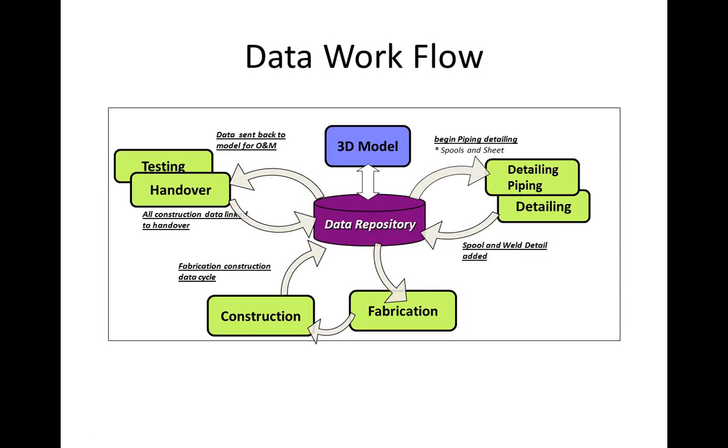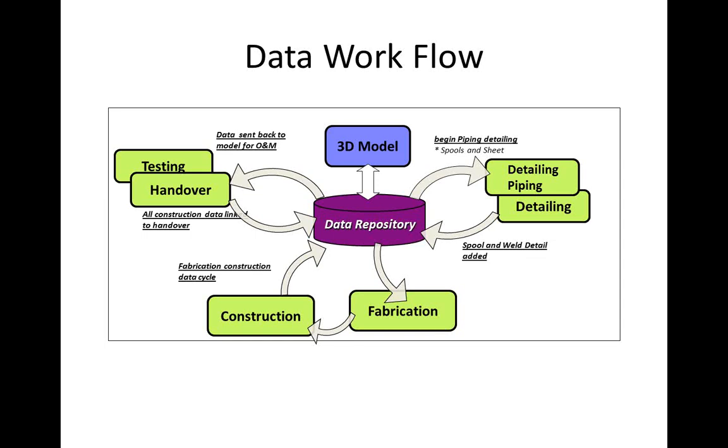For us, a logical workflow would be: we receive the piping data from the 3D model or from the 3D authoring tool. We detail it using detailing software. After this detailing is done, we would like to have this information back in a data repository so that the spool details and the weld details are available for fabrication. Then fabrication could send this back to construction.